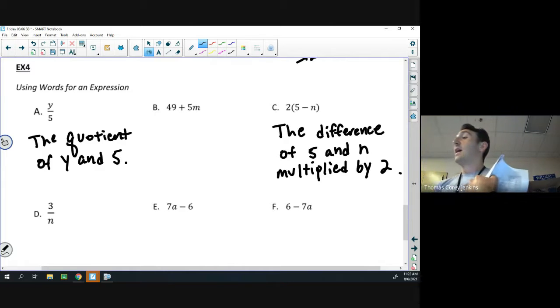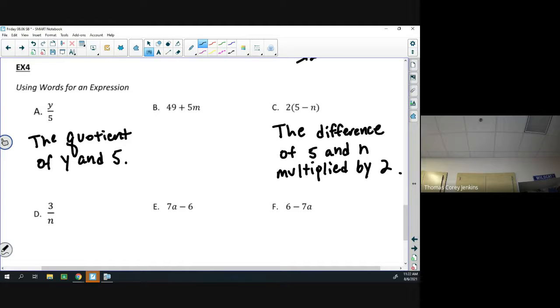I like that. That's not the only way to say that. You could have also said, Isaiah, 2 times the difference of 5 and n, right? Yeah, perfect.